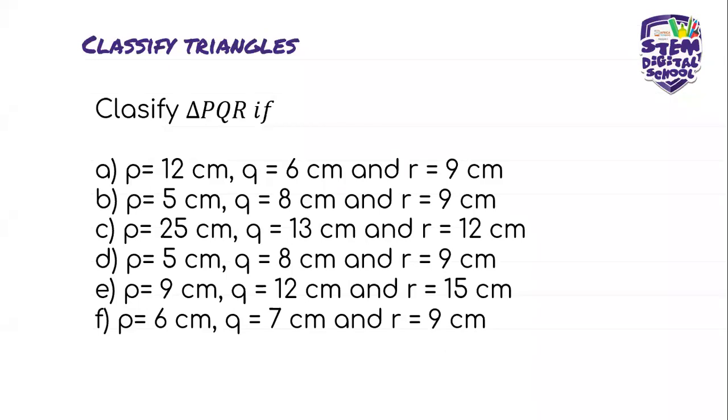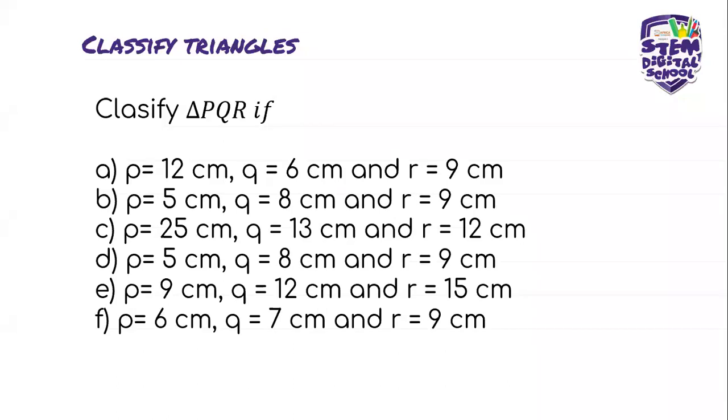So if you look at all the triangles, in A, that's a scalene as well, and then B, that also is a scalene. C, also a scalene, and then D is also a scalene. E as well is a scalene, and the last one, which is F, also a scalene. I agree with you. All of these triangles are scalenes.